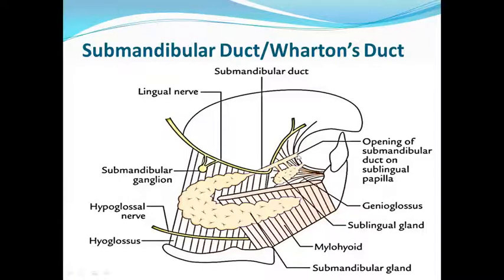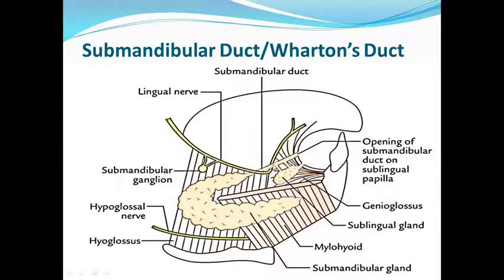Basically it emerges from the anterior end of the deep part of the submandibular gland. This is the superficial part, this is the deep part, and through the anterior end of the deep part, this Wharton's duct will originate.